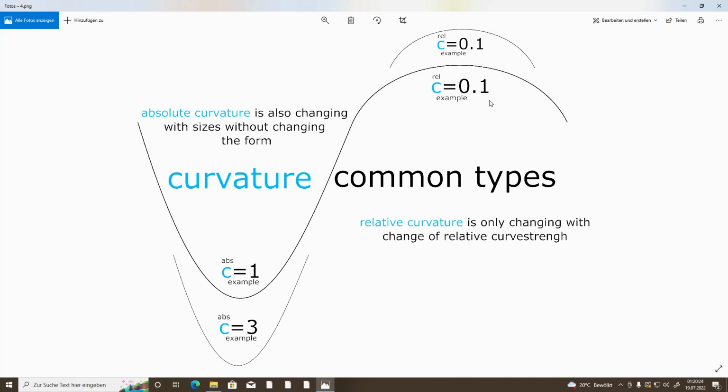For some it's obvious, but I wanted to add it too, where you have the same arcs just scaled down, and in relative curvature, when these arcs are the same, they just stay the same curvature. And for absolute curvature, if it's smaller, it gets a higher curvature value, which is obvious and the most commonly used thing. I don't know where you should use relative curvature, but it's worth mentioning.